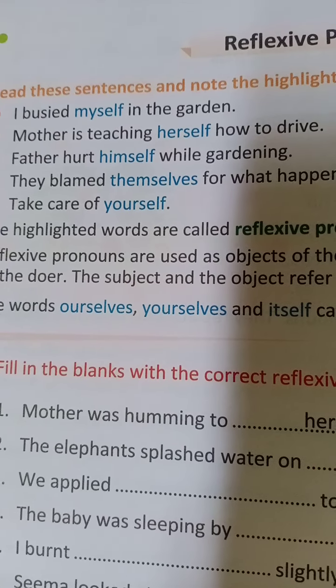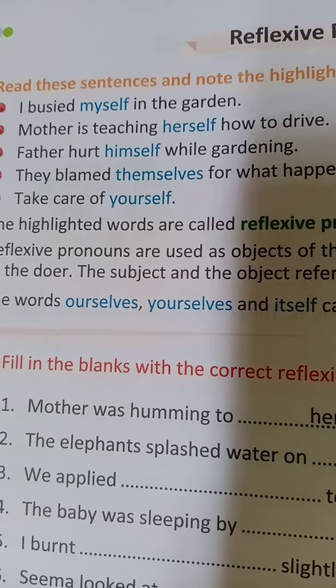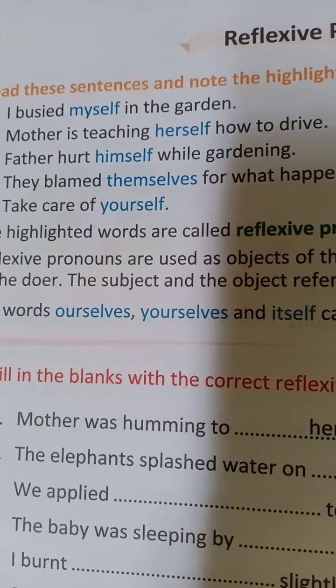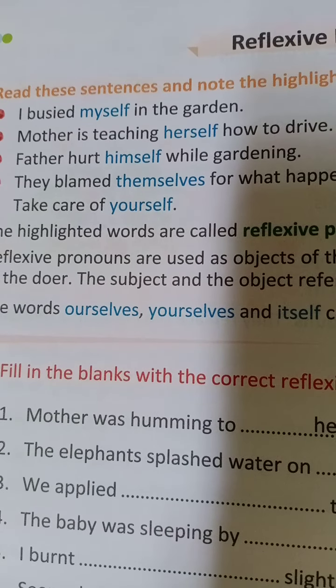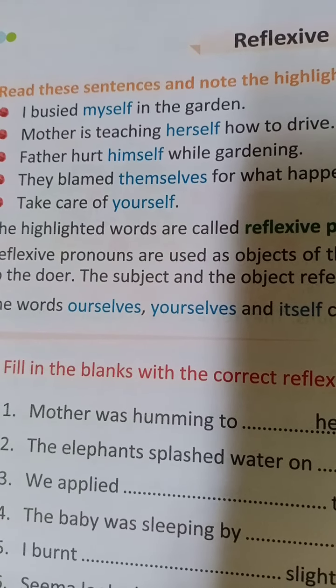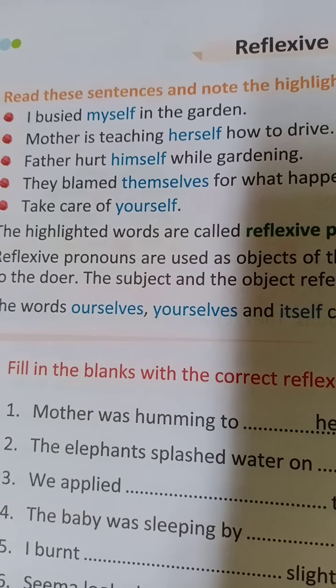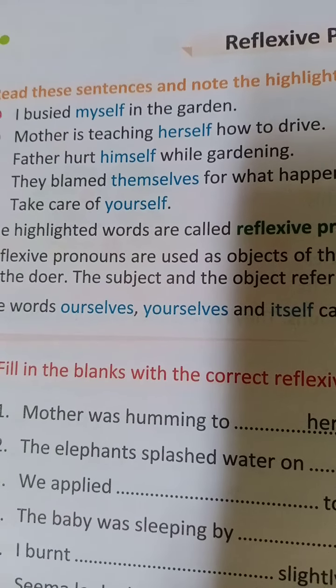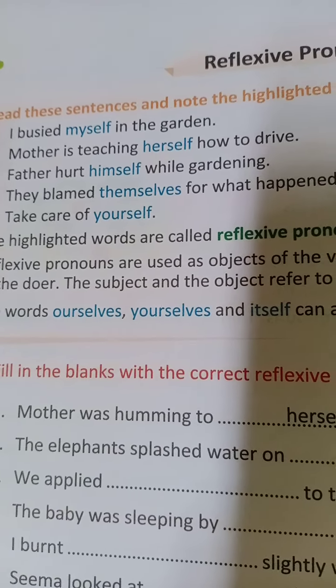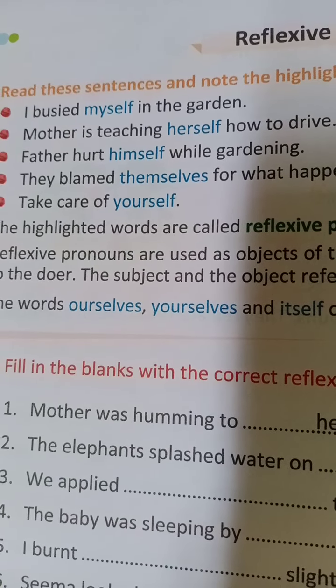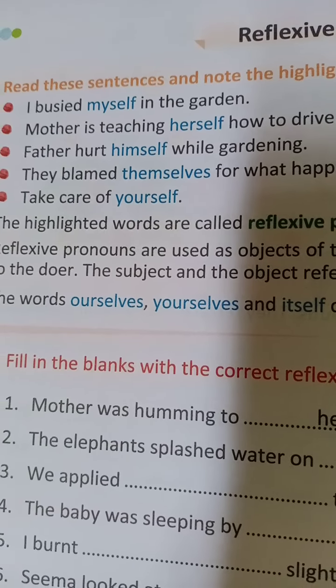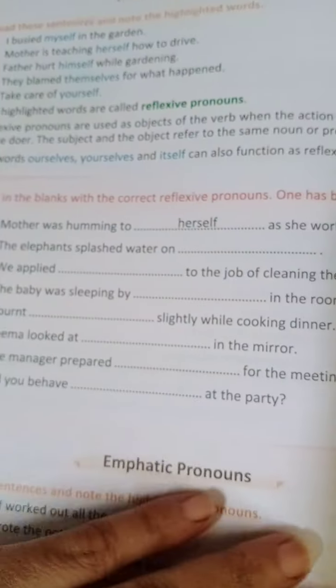Over here herself is reflecting the action back to the noun mother. So myself, herself, himself, themselves, yourselves, these all are reflexive pronouns because they show the reflection of the action on the person or the noun.